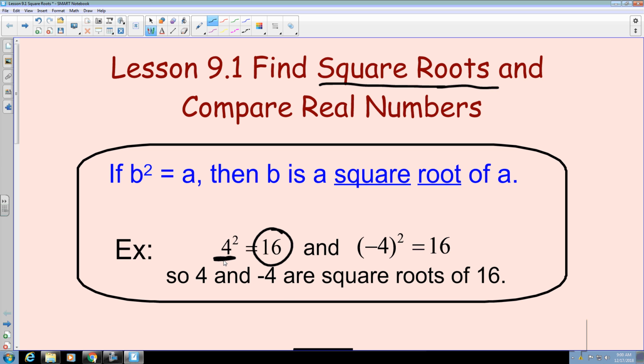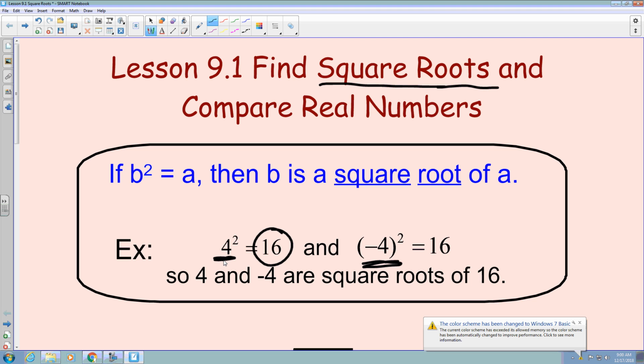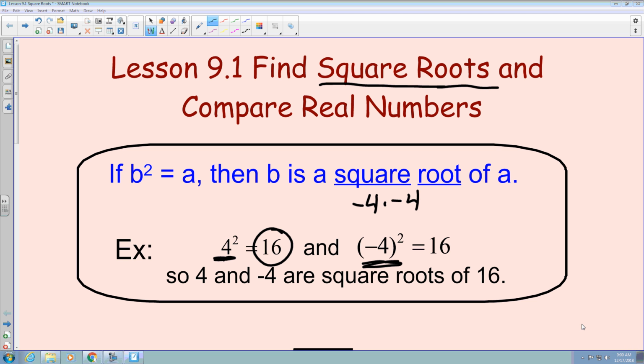So if you look here, I have the negative 4, and if you were to square that, because if you were to expand negative 4, it would just be negative 4 times negative 4, and two negatives multiplied together make it a positive. That's also a result of 16. So in this example that they show here, both 4 and negative 4 are square roots of 16.